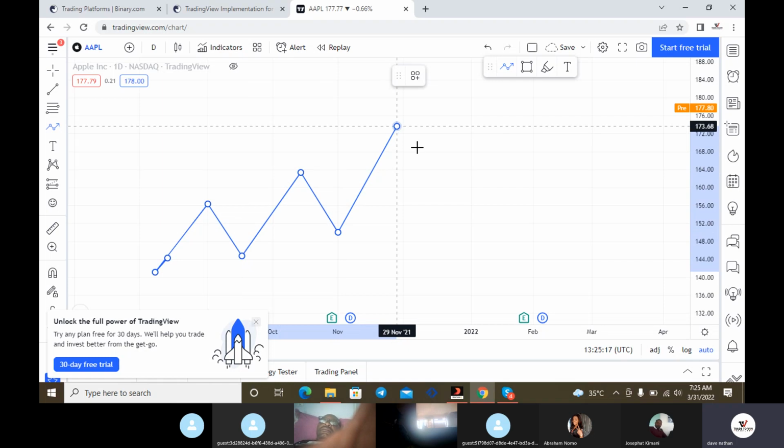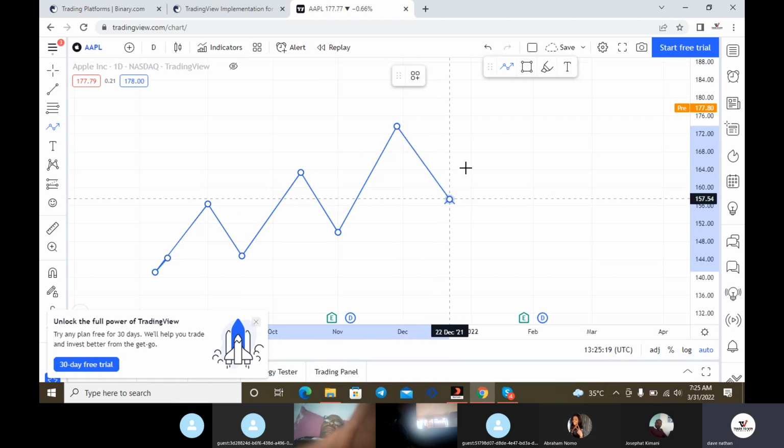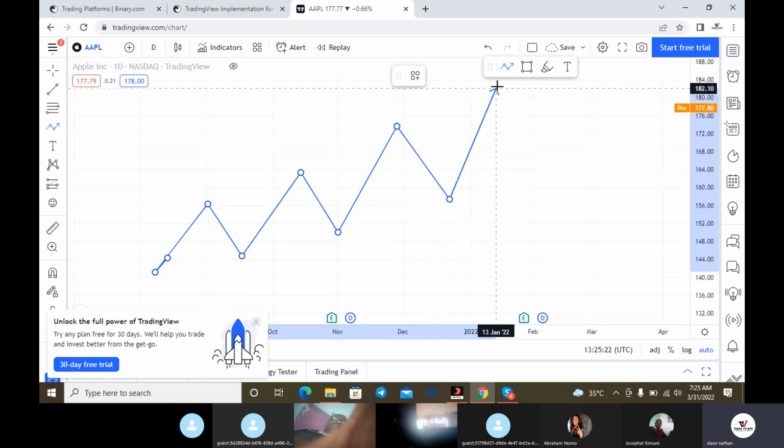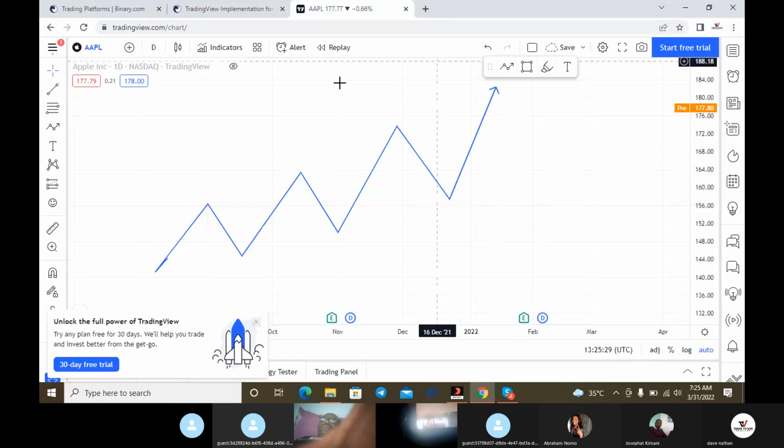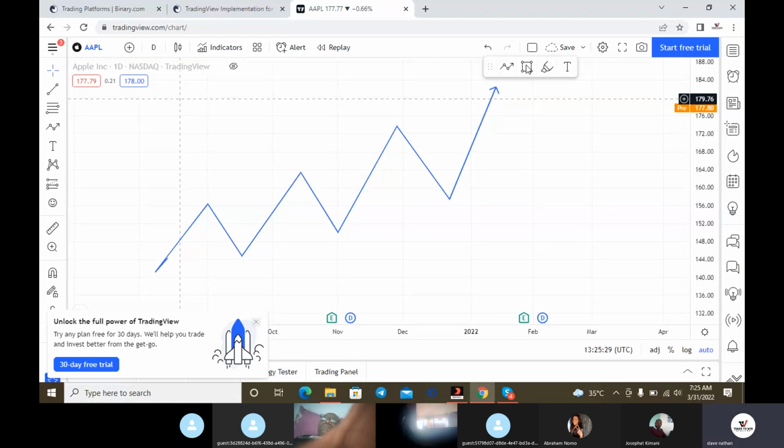So we know that in an uptrend, we are looking for buying opportunities. If you want to take buying opportunities, take them. There's what we call equilibrium.